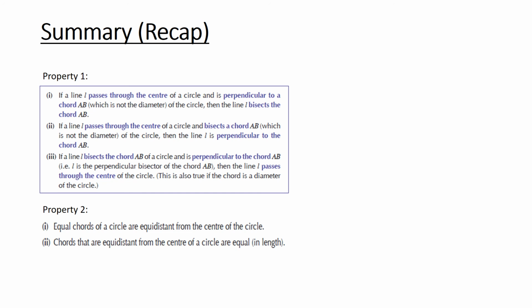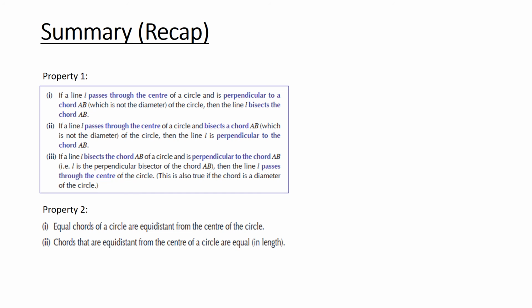Its converse is also true, that is, if a line passes through the center of the circle and bisects the chord AB, which is not the diameter of the circle, then the line L is perpendicular to the chord AB, that is, it will make an angle of 90 degrees. This is the converse of property 1.